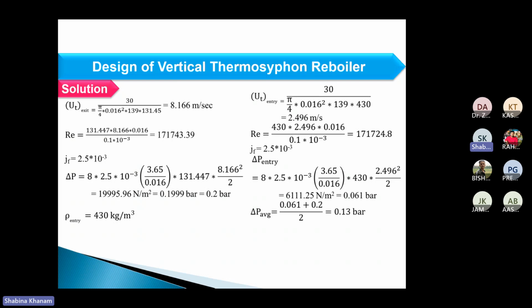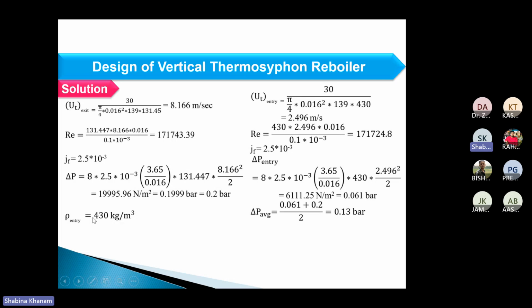But for tube side, the pressure drop includes the total length. Shell side will include the effective length. So at exit condition, the pressure drop due to friction we are getting as 0.2 bar. Now a similar calculation we will proceed with for pressure drop due to friction at entry condition.